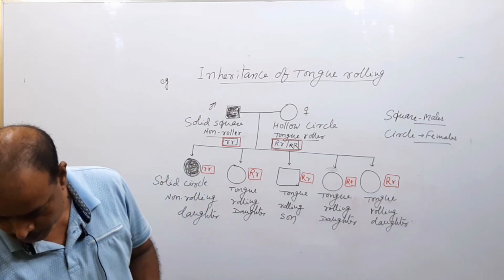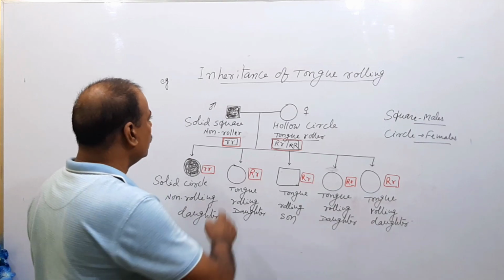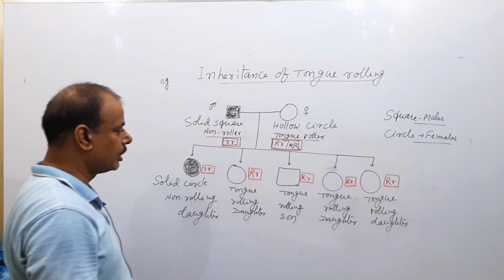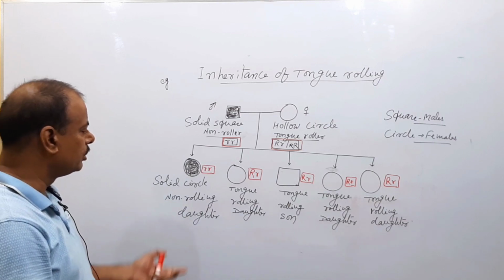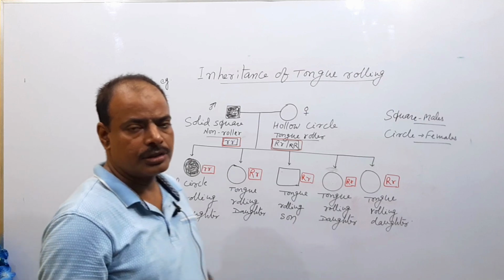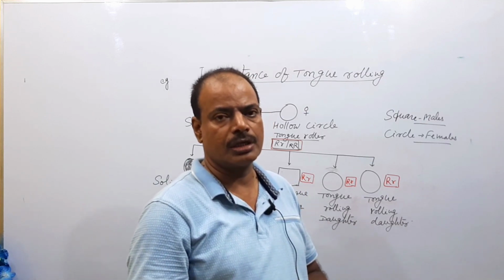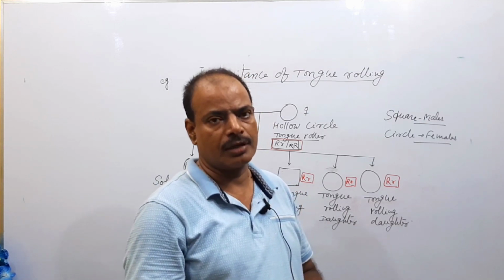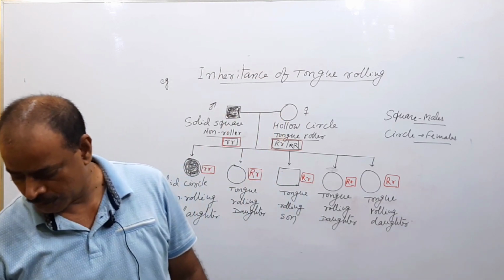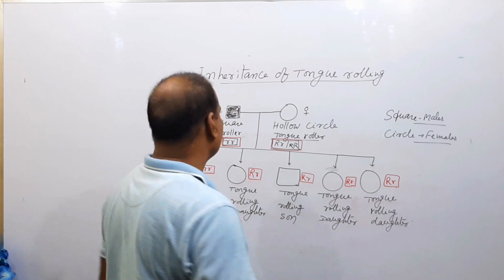So here is an example of inheritance of tongue rolling, and you can make this type of pedigree chart for different genotypic features which express themselves in the F1 generation, in the offsprings.